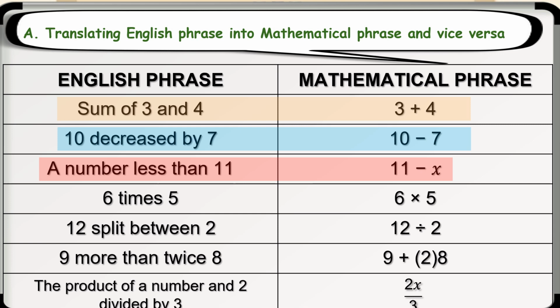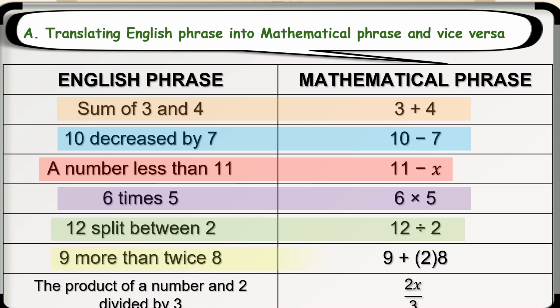Thus, we have 11 minus x. Number 4. 6 times 5. The keyword is times, meaning multiplication. Number 5. 12 split between 2. Split between implies division. Hence, we have to divide 12 by 2.